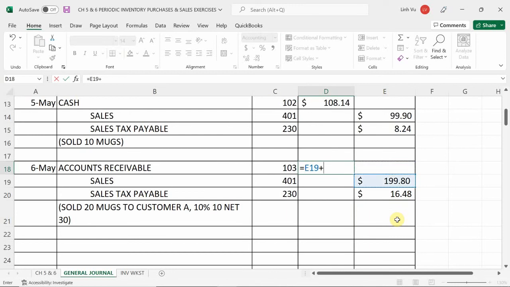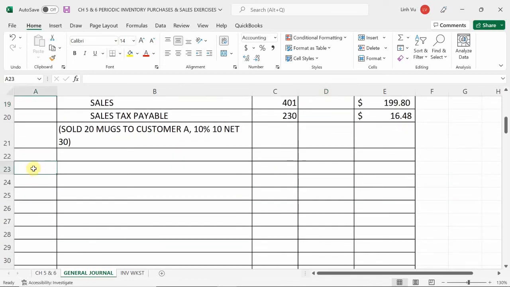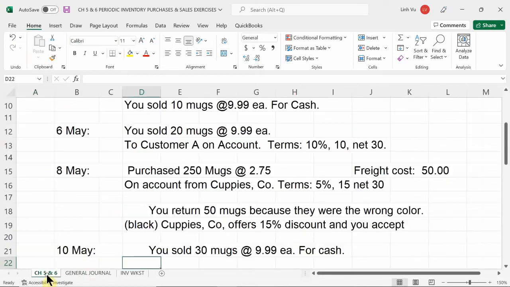So therefore, I should be collecting a grand total of $216.28 worth of cash. Or in this case, not cash. That's what customer A owes me. And if they want to take a discount, they have 10 days to pay for it. If not, they have to pay me at the end in 30 days. So that's it for May 6th.